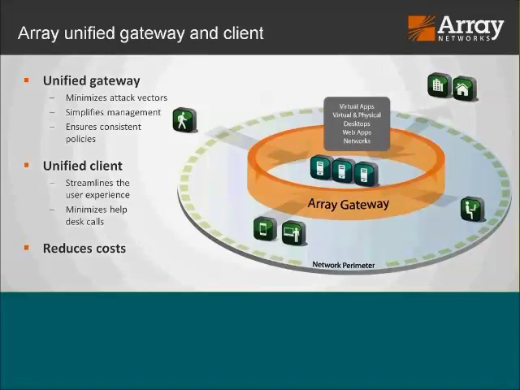So it streamlines the user experience, minimizes help desk calls, and reduces costs. So just touching base there, in addition to limiting network exposure, the Array SSL VPN in particular really helps in terms of mobilizing applications, but also addressing some of the challenges that come up providing secure mobile access to today's virtualized resources.